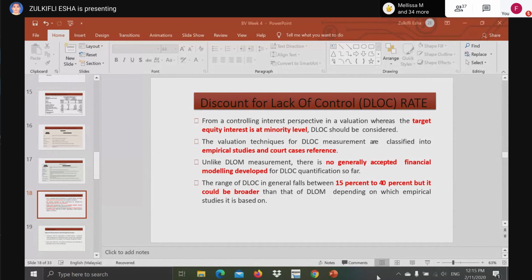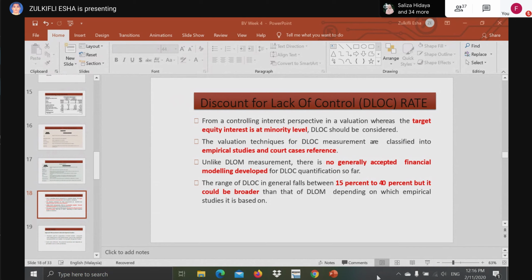So it is quite tricky. Even the most experienced valuators out there who are doing business valuations may sometimes get confused and have some problems in determining the discount rate, the discount for lack of control rate.